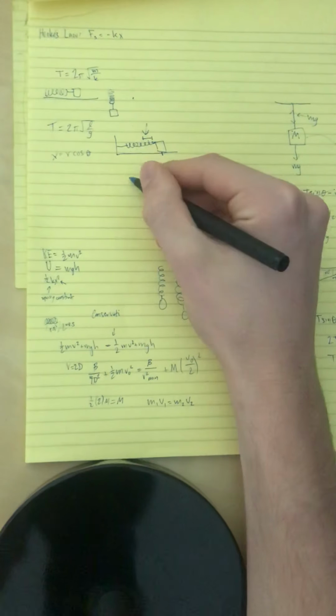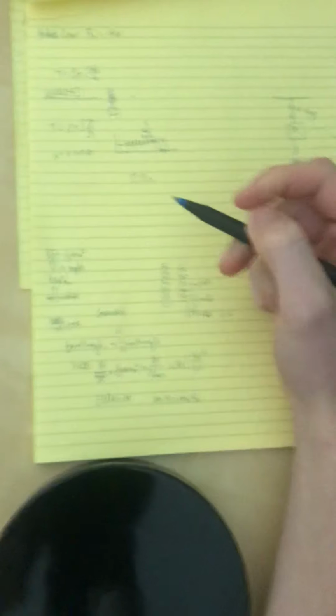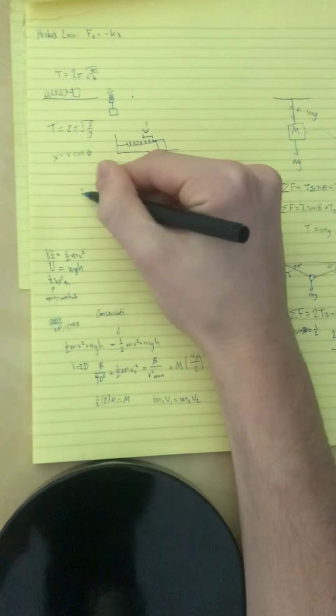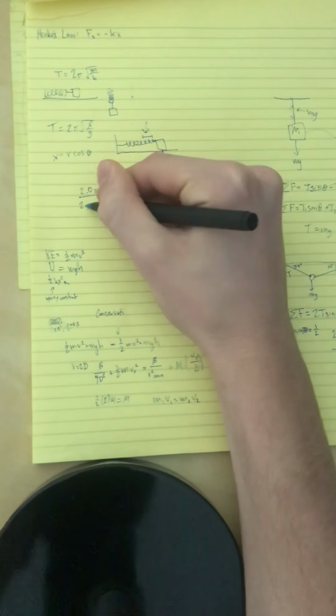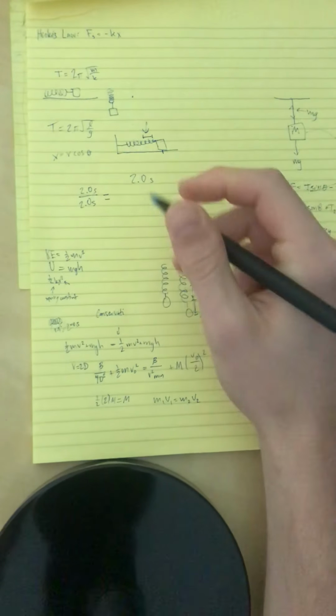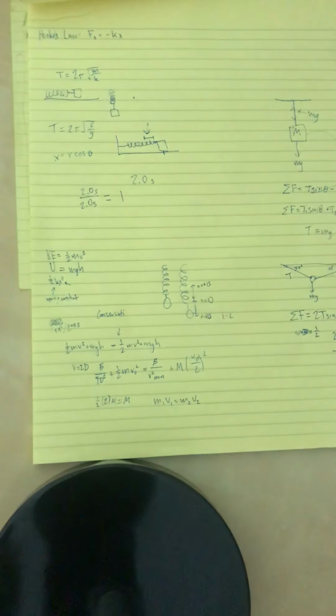So they told us the period is 2 seconds. So we need to think, how many periods is that? All we have to do, 2 seconds, and they want the first 2 seconds of motion, 2 seconds. So that's going to be equal to 1. So it's 1 period of 2 seconds.